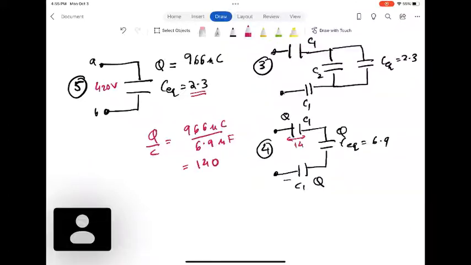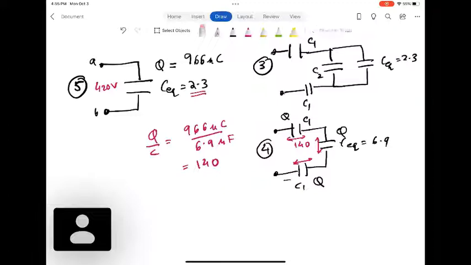So there's 140 volts over here. And since they all have the same capacitance, they'll all have the same voltage. So 140, this will also be 140, and this will also be 140. And you can see that the three 140s add up to 420.